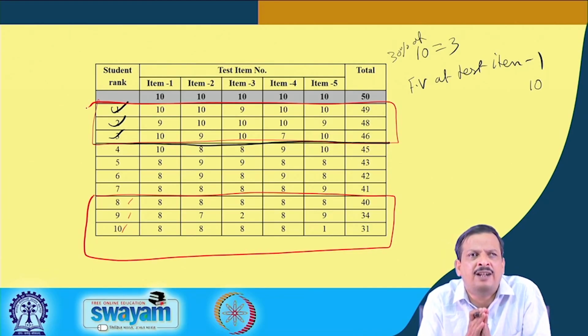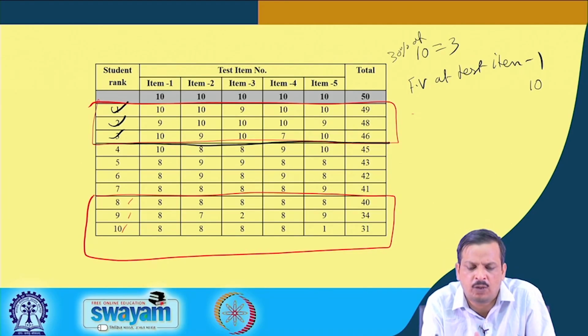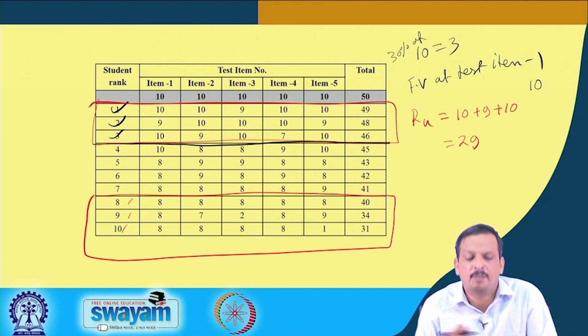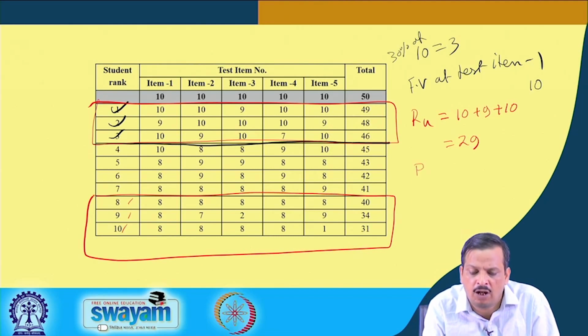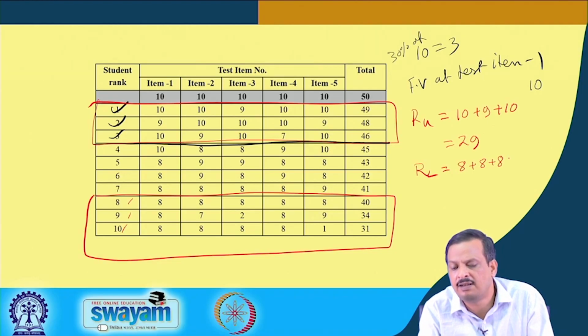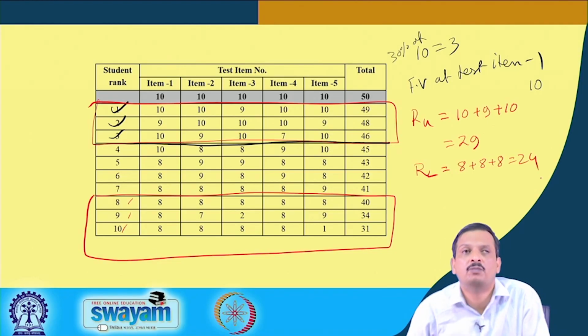Marks obtained by upper group, RU, is equal to 10 plus 9 plus 10 equal to 29. Marks obtained by lower group, RL, equal to 8 plus 8 plus 8, 24.